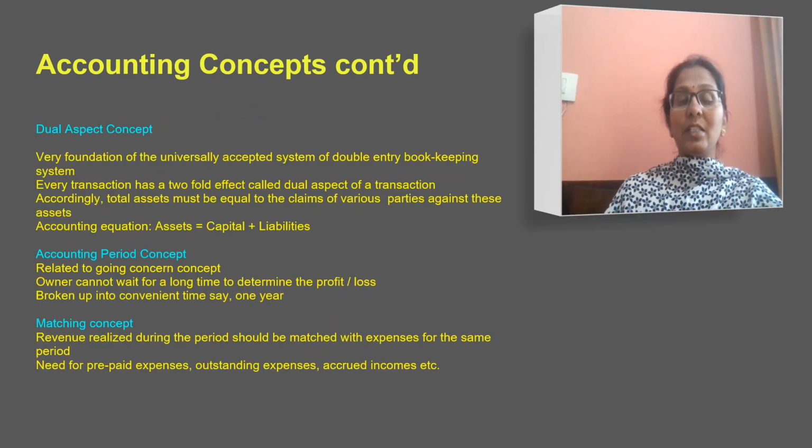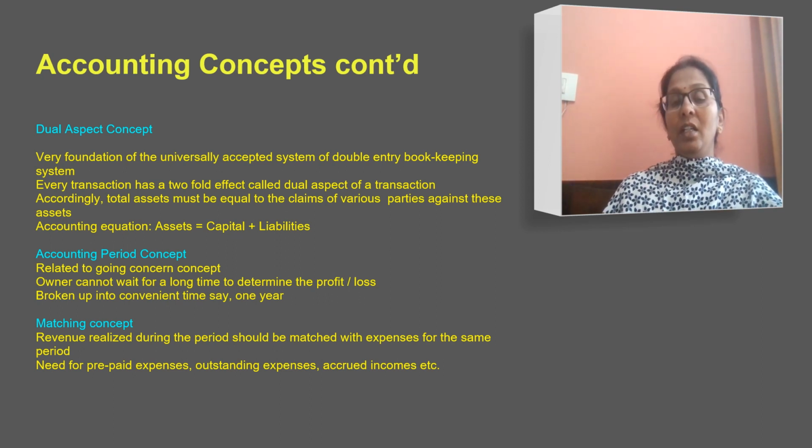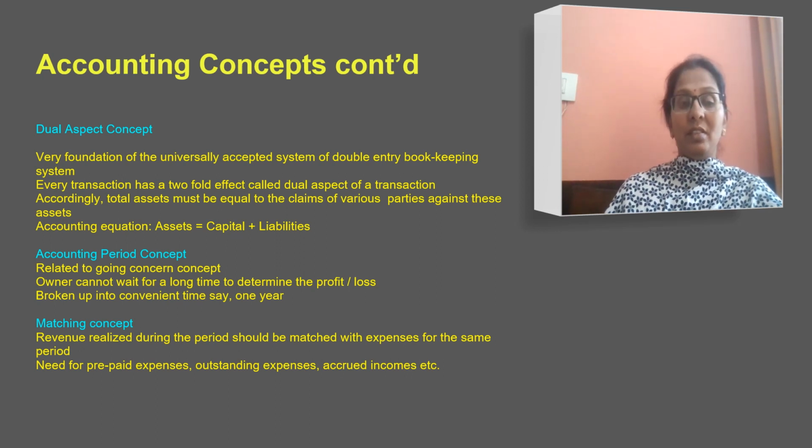Next is the dual aspect concept. This concept is very important, and we know it in the form of double entry bookkeeping. As we know, when any business transaction or event happens, there are two kinds of effects on the business.